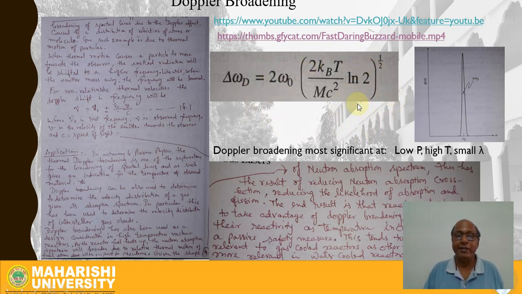And such Doppler broadening is predominant, or more significant, for gas laser systems where the pressure is very low, right? The temperature is very high, that is already understood here, and it is inversely proportional to the atomic mass of the atom.